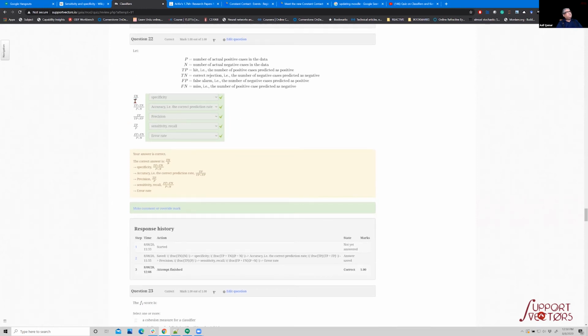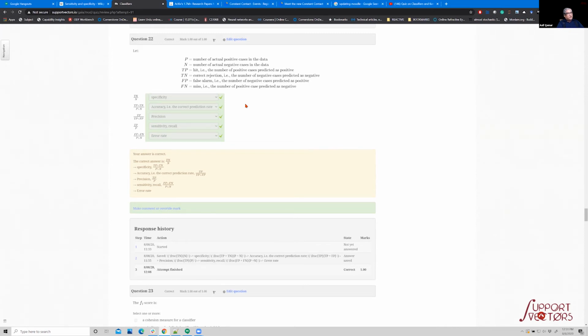Obviously, specificity is the true negative over negative. In other words, what proportion of negative cases it could mark as negative. Think of specificity as a robust rejection test. Right? So when you're doing the ultimate test for cancer, before you put somebody through chemotherapy, what is the one test you want to do? You want to do a test with high specificity.